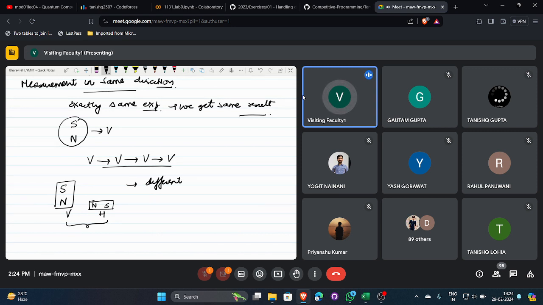We are getting a different result, and the important part is there is no relation of the second result to the first outcome. That means it is truly random.